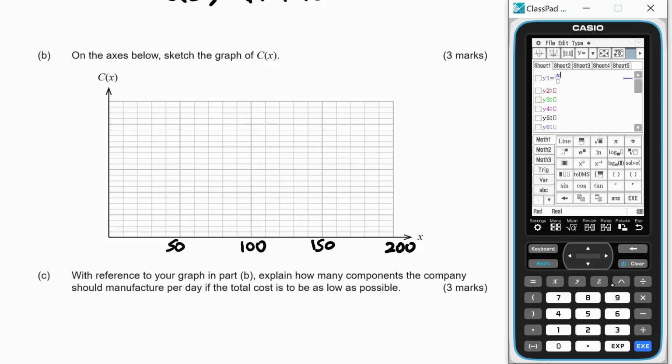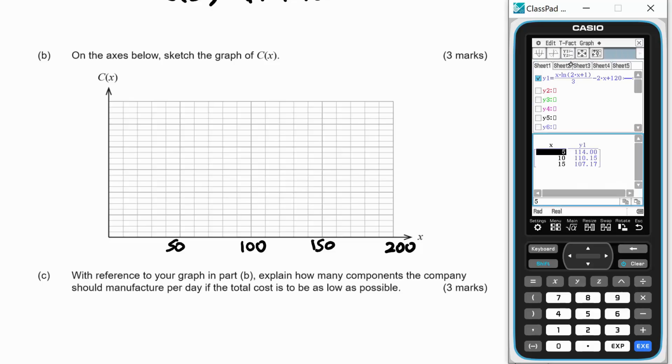So that's going to be X log 2x plus 1 over 3 minus 2x, add 120. And instead of producing a graph, I'm going to produce a table.